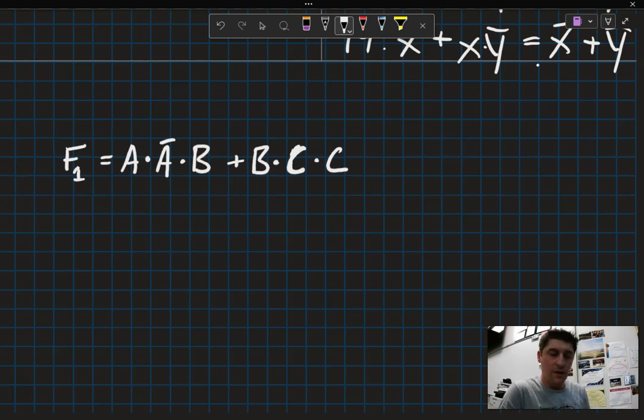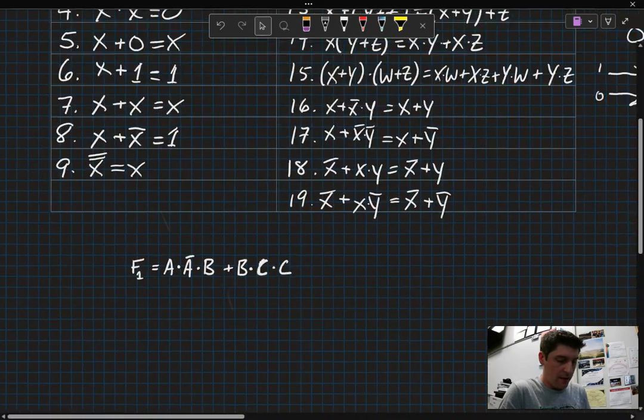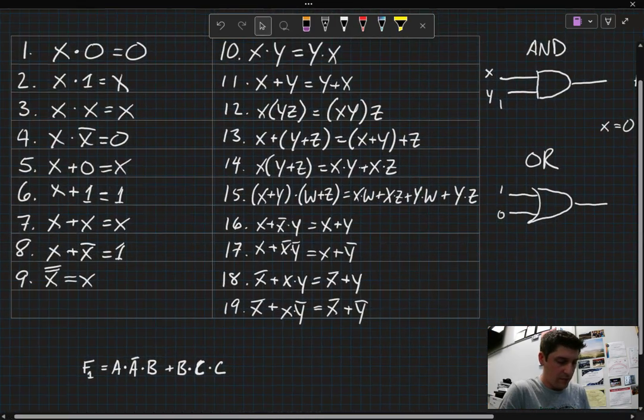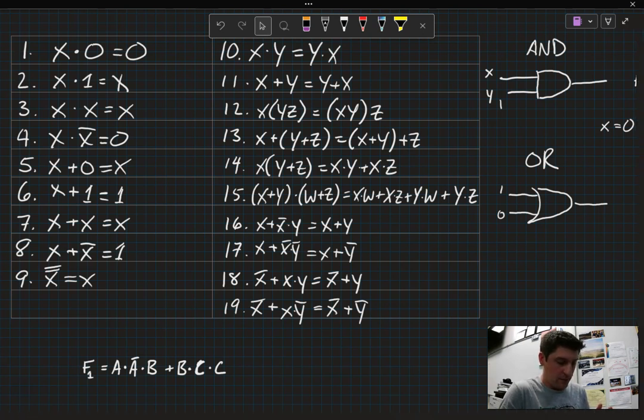So what I'm going to do is I'm going to look at my rules for Boolean algebra, and I'm going to think about which one I could apply first to simplify this expression. So the first thing that I see is theorem 3. Theorem 3 says anything ANDed with itself is itself.